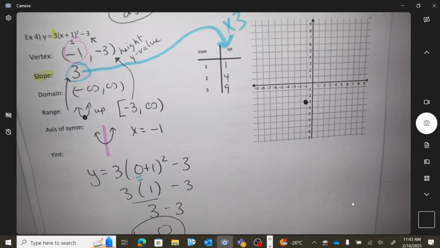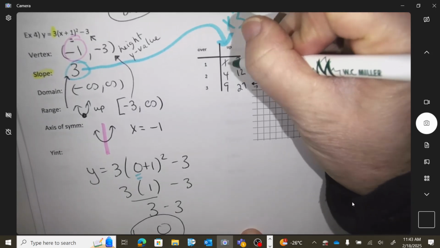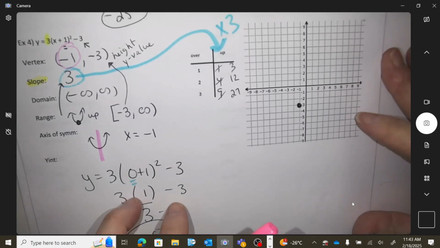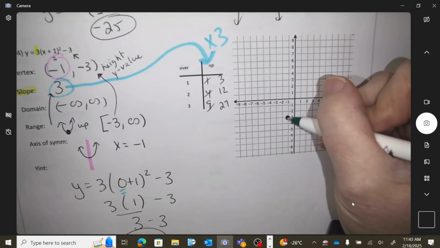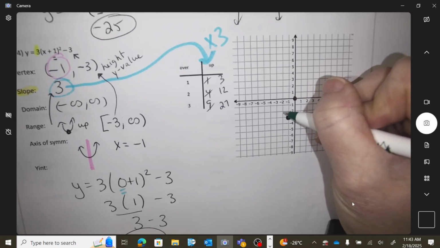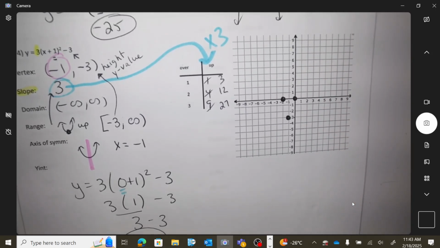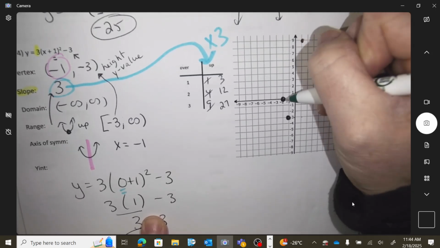So you have to times by 3. New pattern. 3, 12, 27. Okay, so if I head over 1, up 3, remember you always reset, get back to the start, 2, 12.